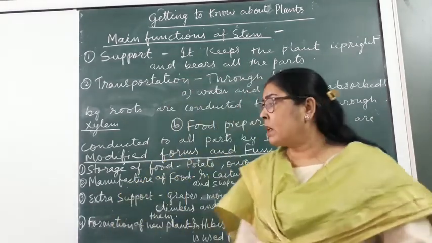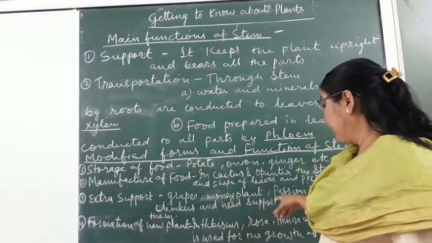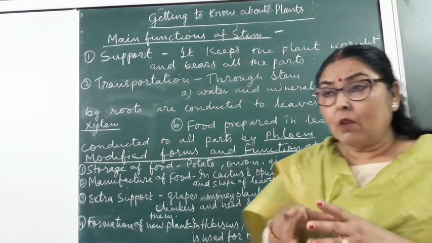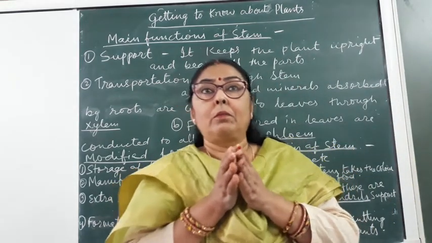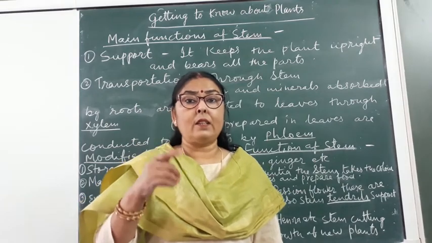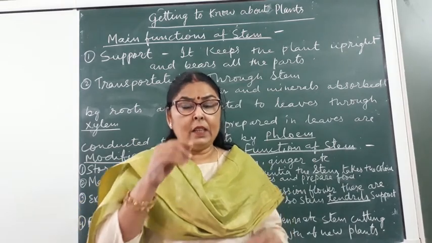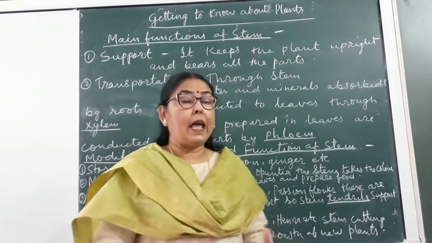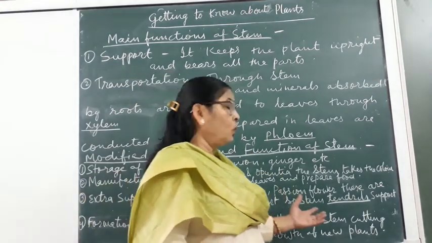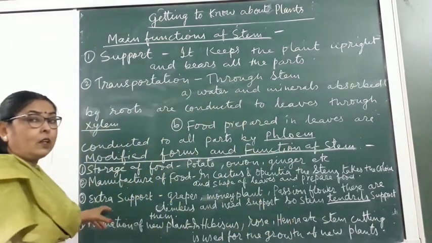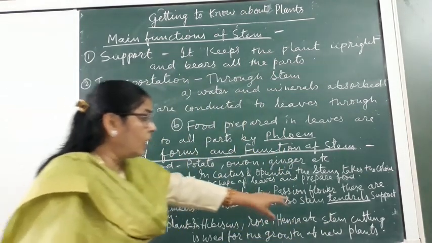So climbers need support to climb, and for this, from their stem, tendrils, means coil-like structures, arise, green, very thin structures which coil around the support and give support to the plant to grow. So the third one is extra support through tendrils.